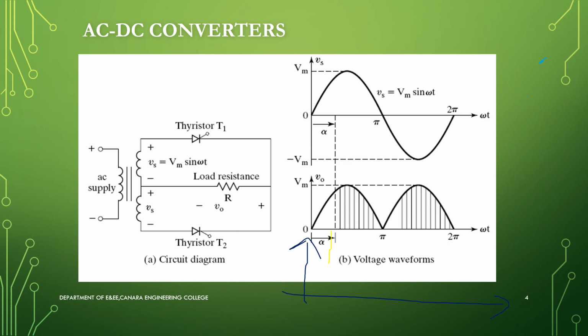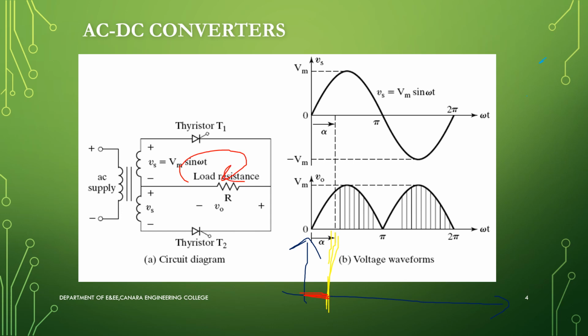This is our firing angle alpha at this instant. From 0 to alpha, there is no current flowing through the resistor R. That means what is the voltage drop across resistor R? It is 0. Clear? Next, once the thyristor starts conducting, the current flows through this.